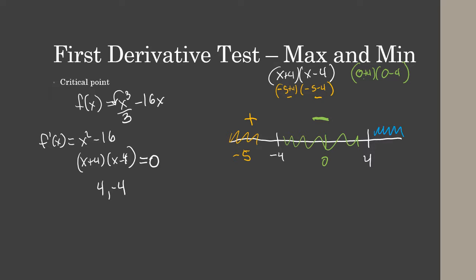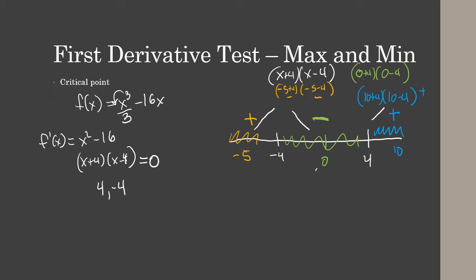This third section, let's choose 10. Doesn't really matter what you choose as long as it's easy. 10 plus 4 gives us a positive number. 10 minus 4 gives us a positive number. So overall, this section is positive, which means that our derivatives are going up, then back down, then up again.